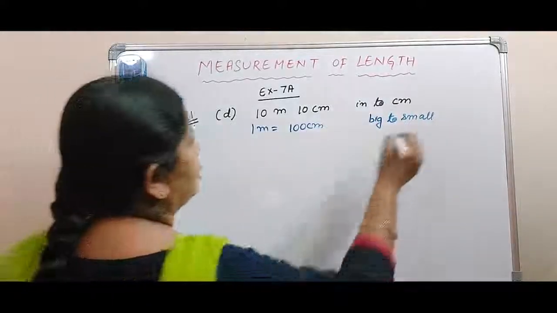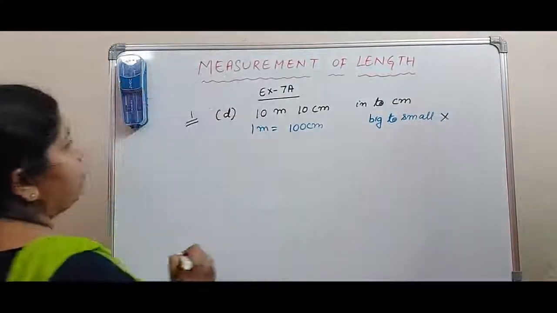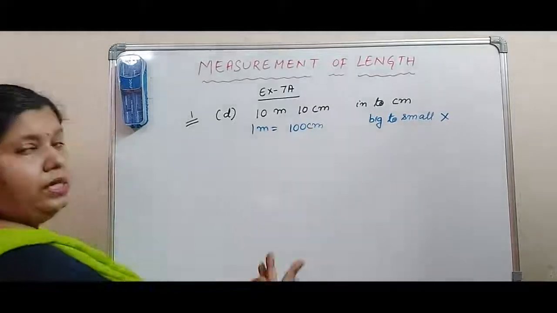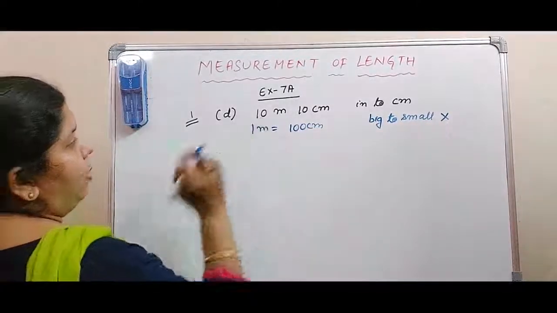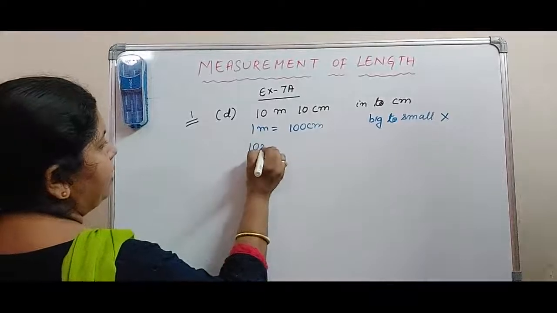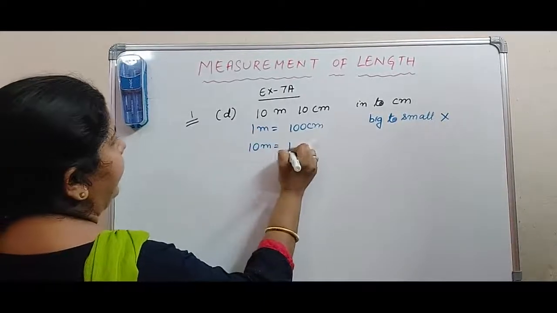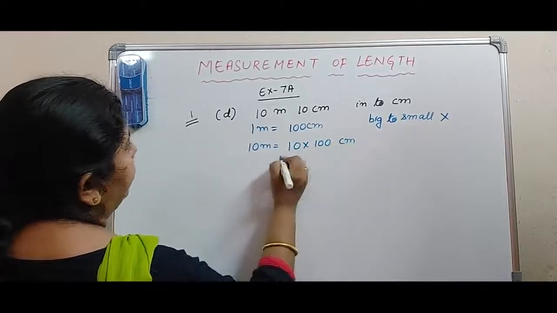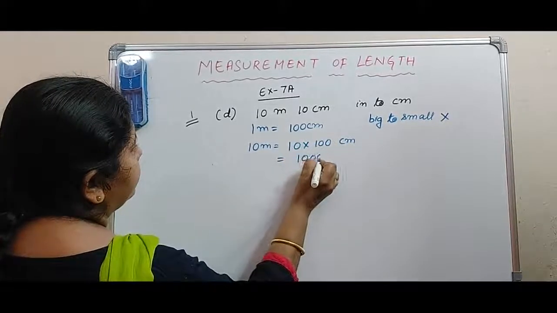We do multiplication. So first, 10 centimeter, no need to touch because it is already in centimeter. So you just have to think about 10 meters. So 10 meters equal to 10 into 100 centimeter, that is equal to 1000 centimeter.